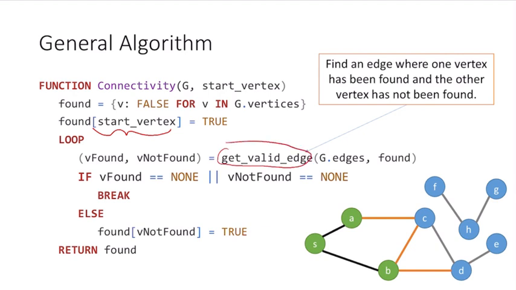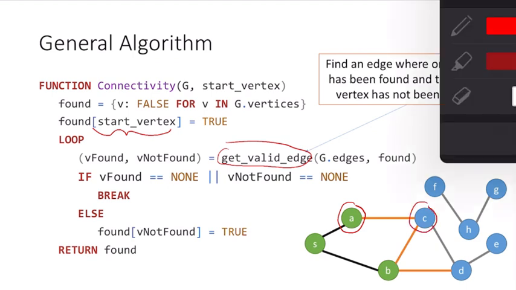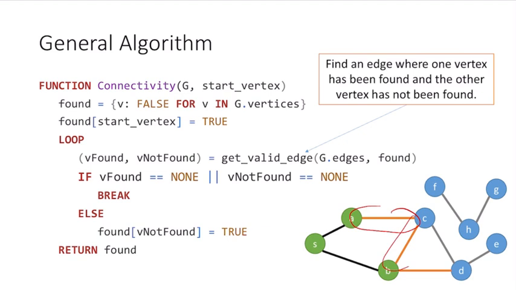So get valid edges, and again, valid edges are an edge going from a found vertex to an unfound vertex. So that would be all of these edges shaded in orange here. So the AC edge, the BC edge, and the BD edge.